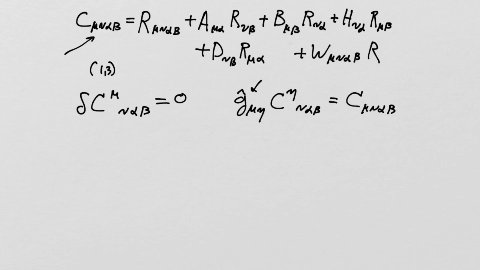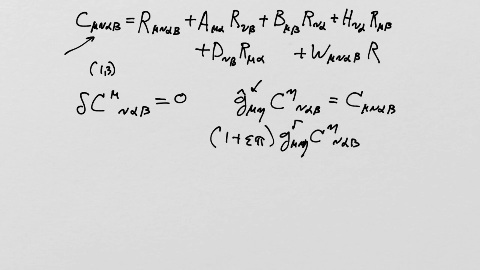So the point being that in the transformed space, the lower form is going to be given by 1 plus epsilon pi, G mu eta C eta nu alpha beta, right?